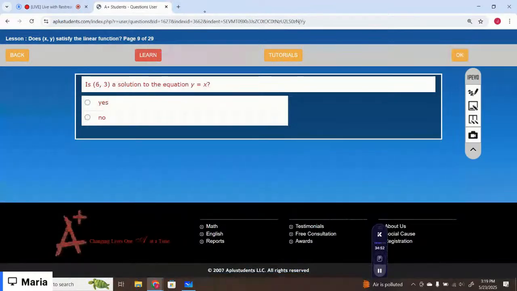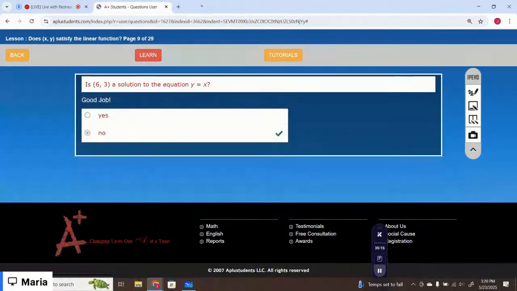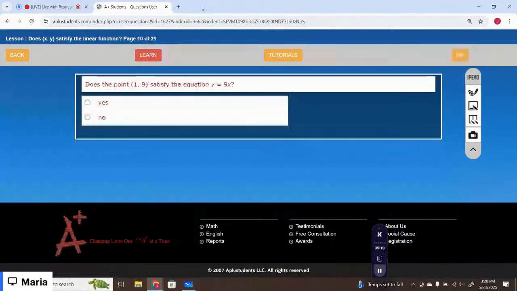Is (6, 3) a solution to the equation y equals x? Does the point (1, 9) satisfy the equation?